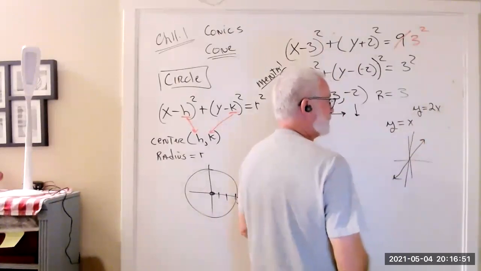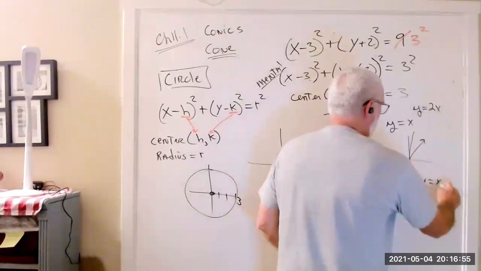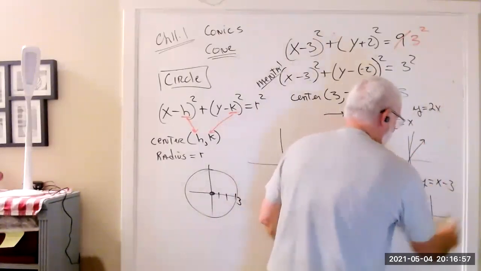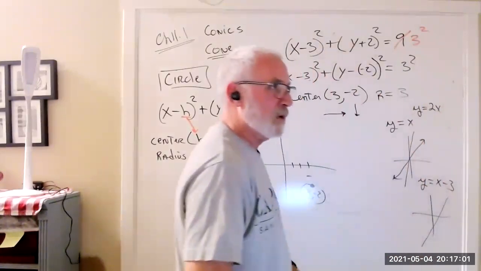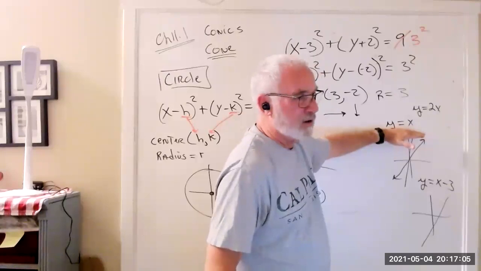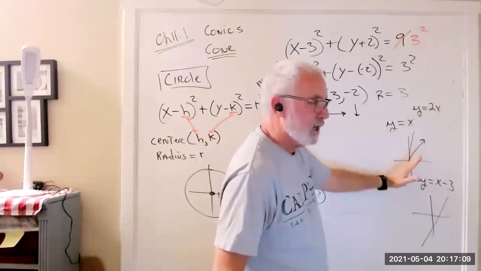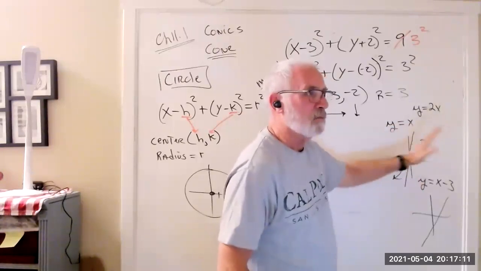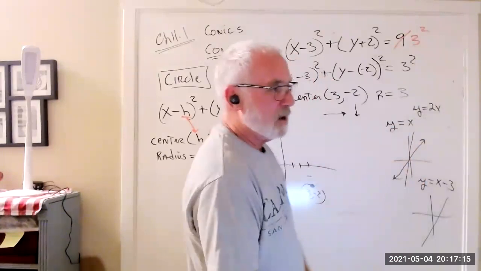What about y equals x minus 3? It's still a line, shifted down 3. There's the basic line, y equals x, as simple as you can get, but we started moving it around, so you practiced graphing it.